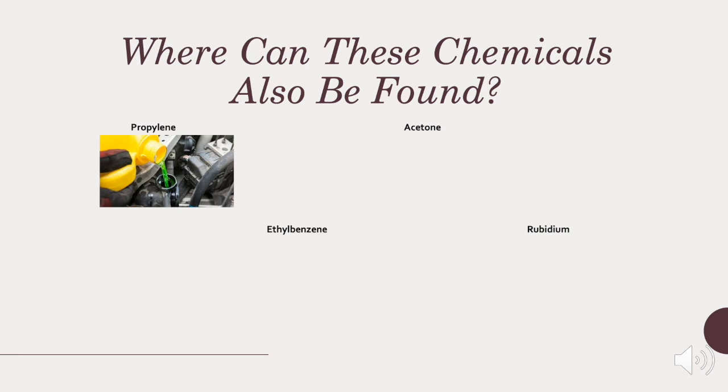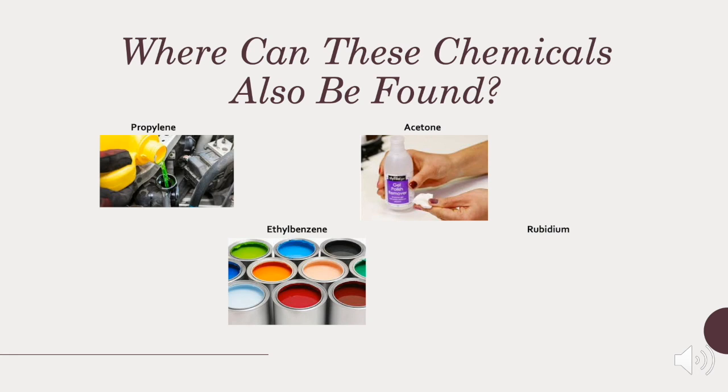All right, so acetone has actually been found in nail polish remover, and this is used to take off your nail polish. So the next chemical we have is ethylbenzene, and ethylbenzene is a chemical that has been found in something that you may buy to redecorate your room. All right, so the answer to this one is paints. And then finally, we have rubidium.